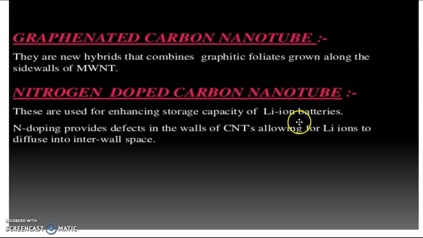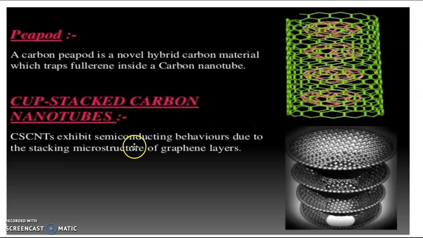Nitrogen doping provides defects in the walls of the carbon nanotubes, allowing lithium ions to diffuse into the interwall space. So this is the application of N-doped carbon nanotubes.